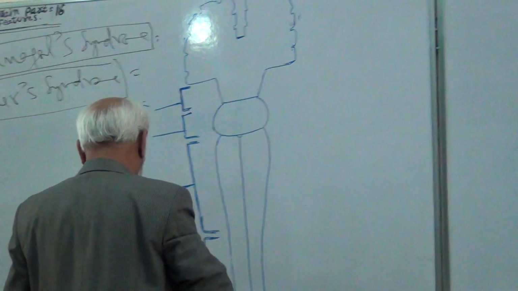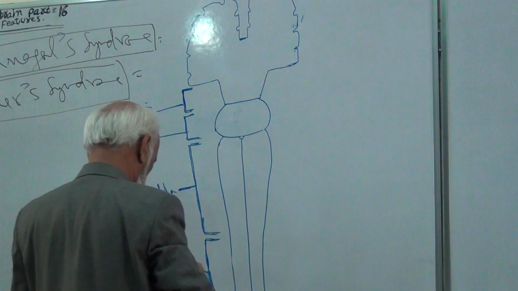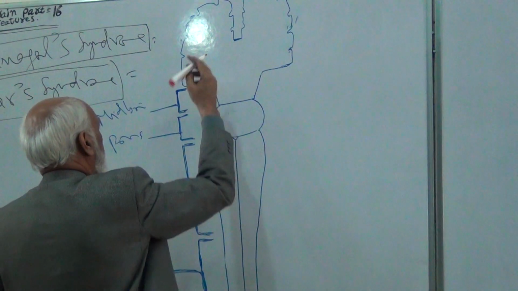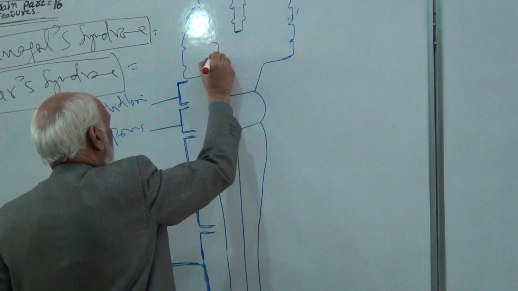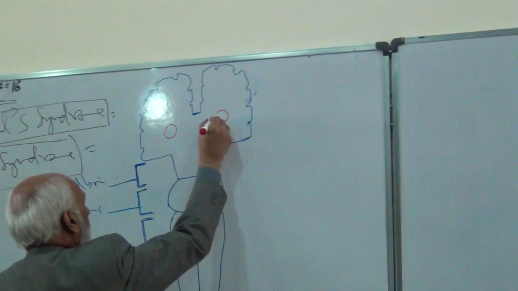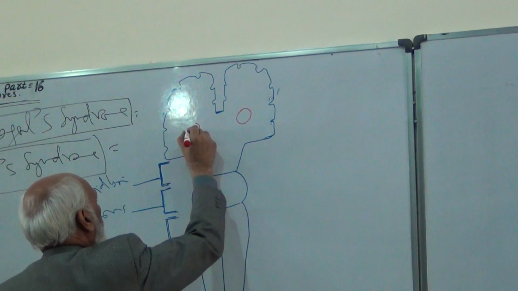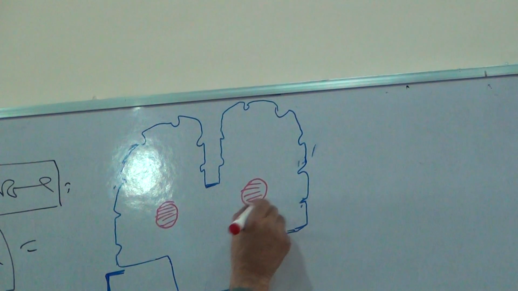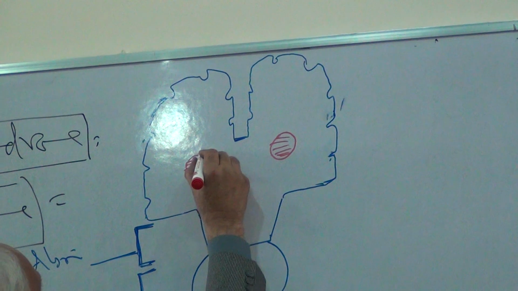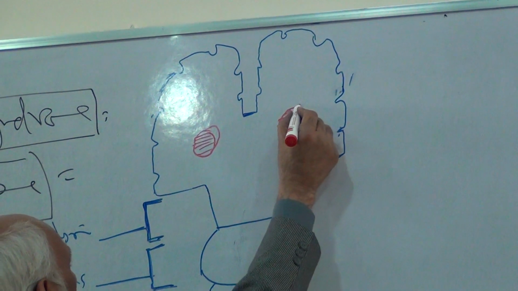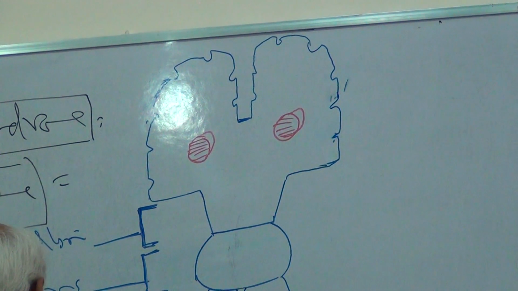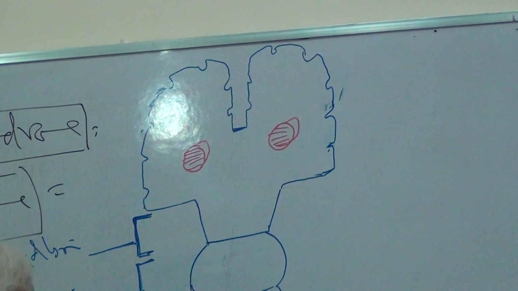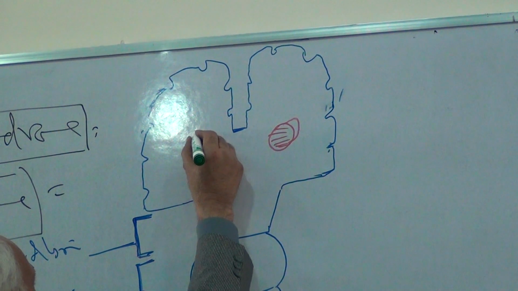Now here in each cerebral hemisphere, suppose this is the hypothalamus. And above and behind is the thalamus.